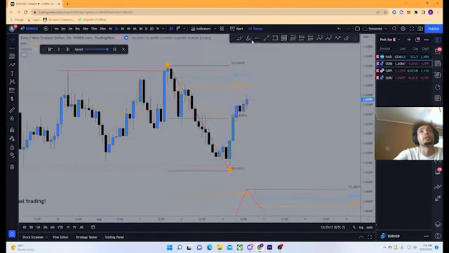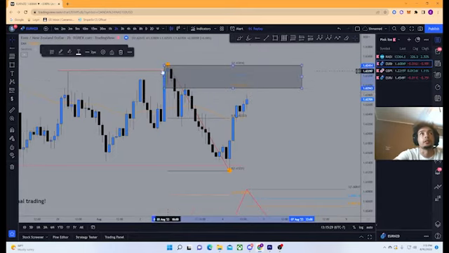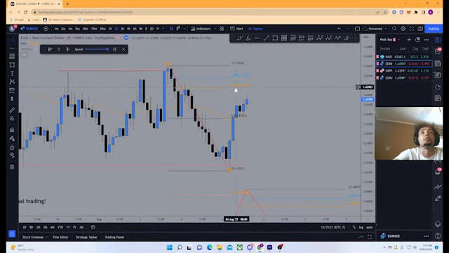we need to anticipate price to come to this area around here. But now I'm going to give you a little hint, a rule that I follow. I do not sell until I get above old highs, and I do not buy until I get below old lows.